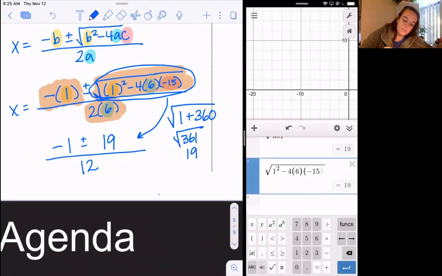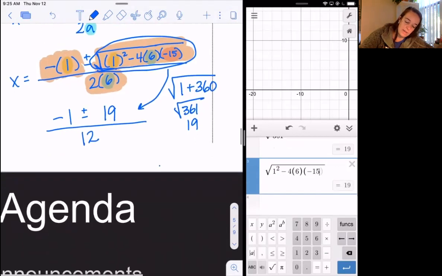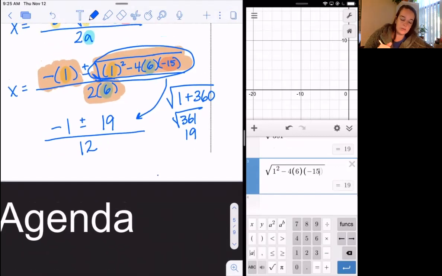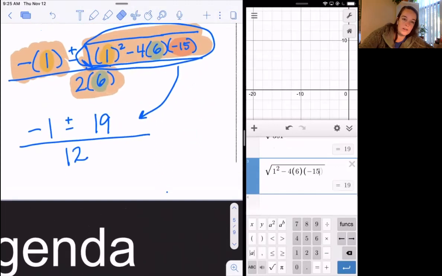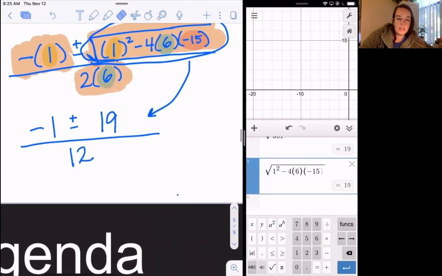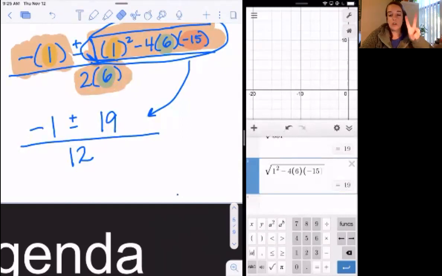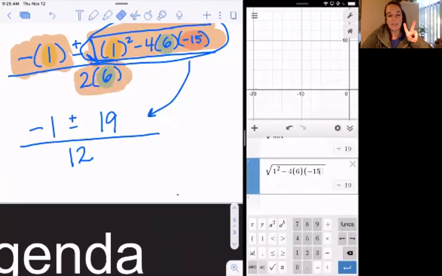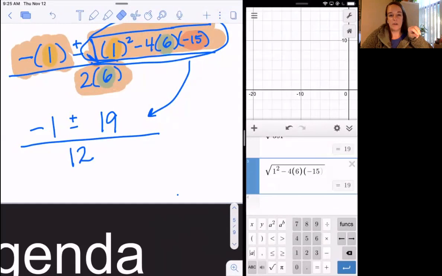All right. So now I need to turn this into my actual answer. So I'm going to go ahead and erase this just to give me a little more room. So I have negative 1 plus or minus 19, all of that over 12. So this is 2 separate answers. We got negative 1 plus 19 over 12 and negative 1 minus 19 over 12.